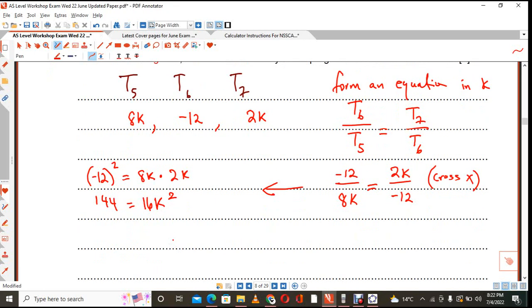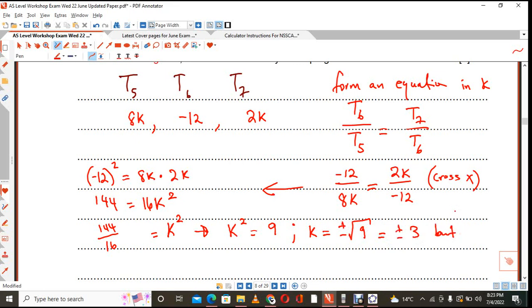At the end of the day, this is the same as saying k squared equals 144 divided by 16, then k squared equals 9. And if you were to solve this, k equals positive or negative root 9, which is k equals positive or negative 3.